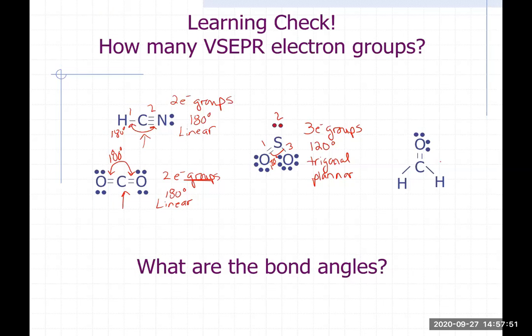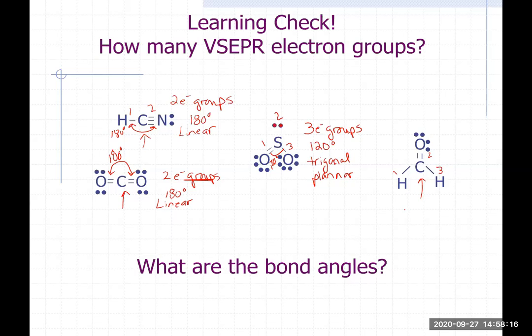If we look at this structure over to the far side, this is called formaldehyde. Carbon is the central atom here, flanked by 2 hydrogens and an oxygen. We have 1, 2, 3 electron groups. Each single bond counts as an electron group. The double bond counts as an electron group.